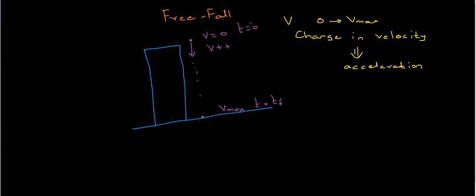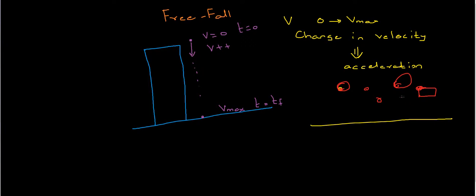Now, the most important thing over here is the acceleration on the objects near the surface of the earth. If this is the surface of the earth, and these are the different objects, let's say these objects have different masses.